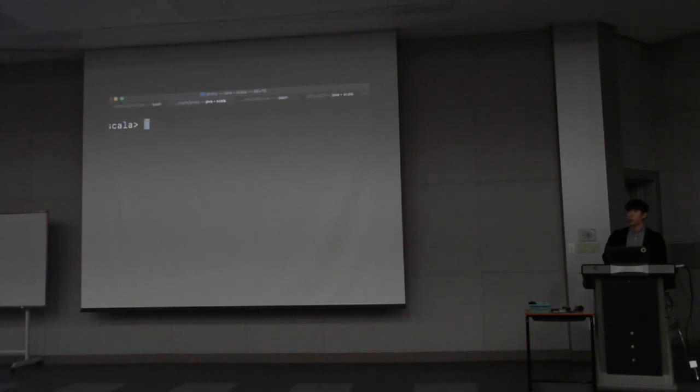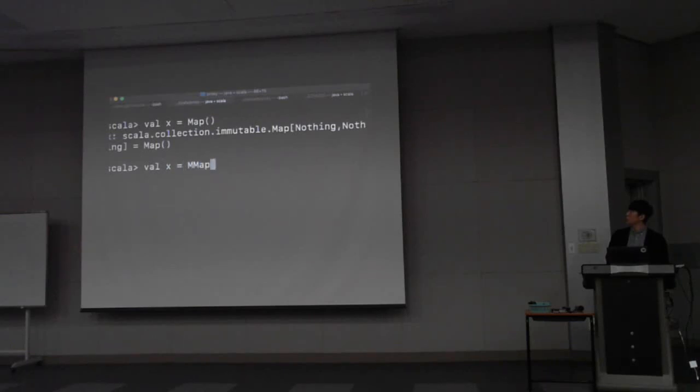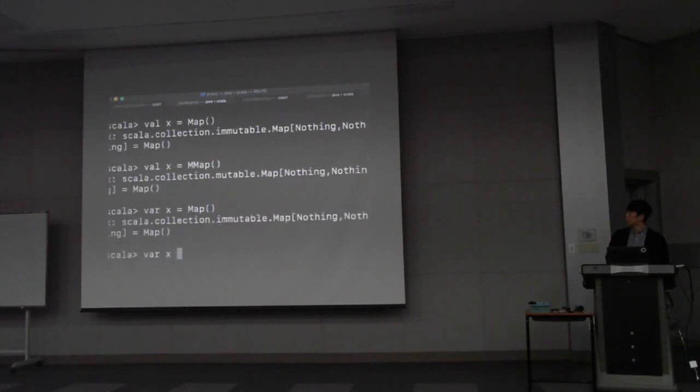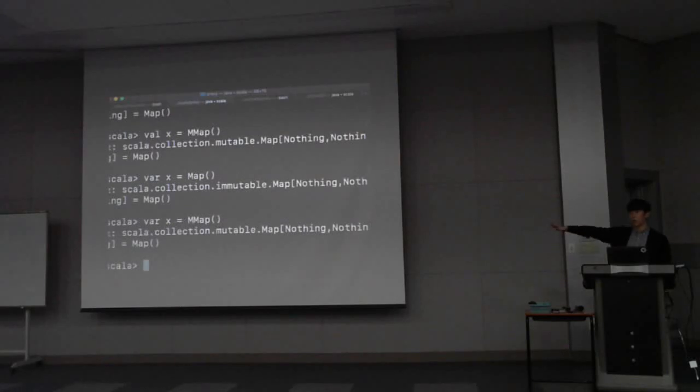So there are 2 times 2 cases. There are a mutable variable and an immutable variable, each with an immutable collection or a mutable collection: immutable variable with immutable collection, immutable variable with mutable collection, mutable variable with immutable collection, and mutable variable with mutable collection. There are 4 cases.